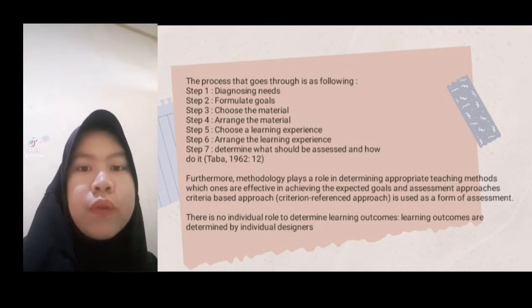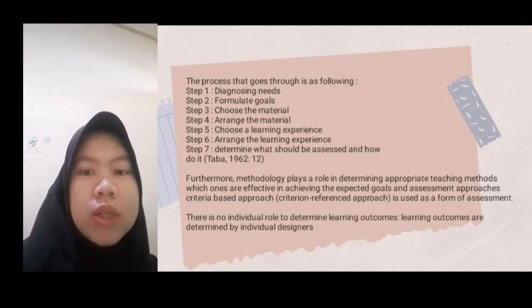Step 2: formulate goals. Step 3: choose the material. Step 4: arrange the material. Step 5: choose a learning experience. Step 6: arrange the learning experience. Step 7: determine what should be assessed and how to do it. From Taba.